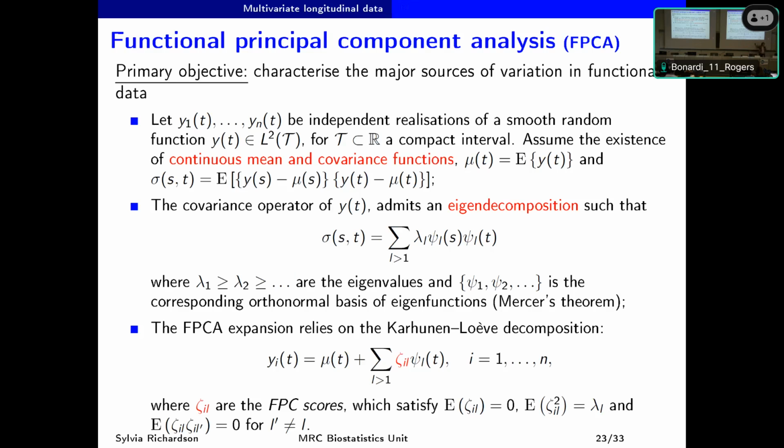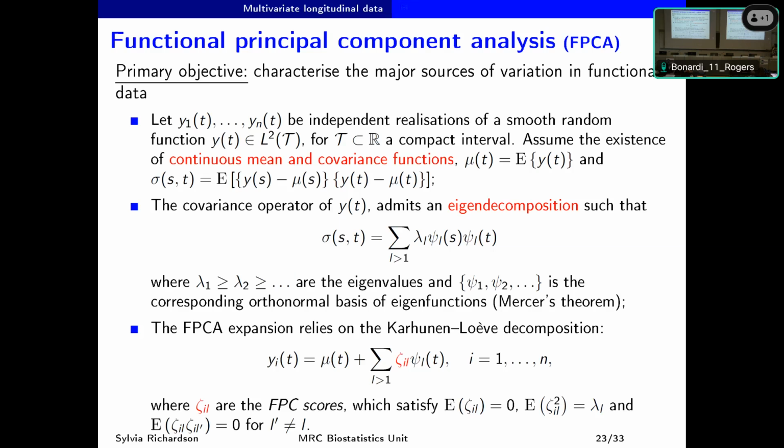I'm not going to do the math, but just to give you a picture, these eigenfunctions represent patterns over time.